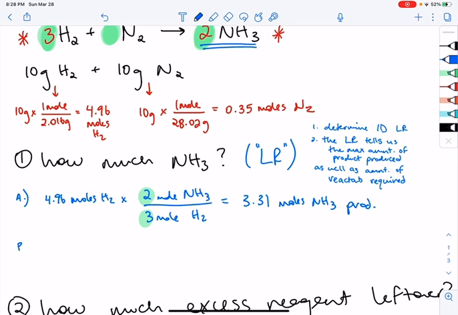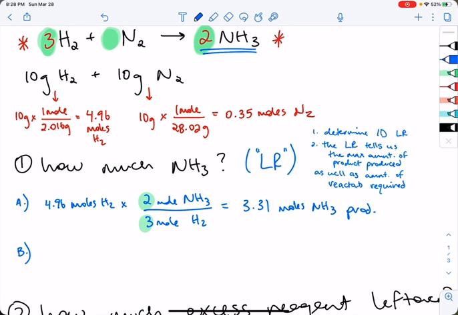Okay, we have to do it for the other one as well, the other reactant being nitrogen. So we have 0.35 moles of nitrogen times 2 moles of ammonia for every 1 mole of nitrogen. Again, we got these numbers from the stoichiometry.